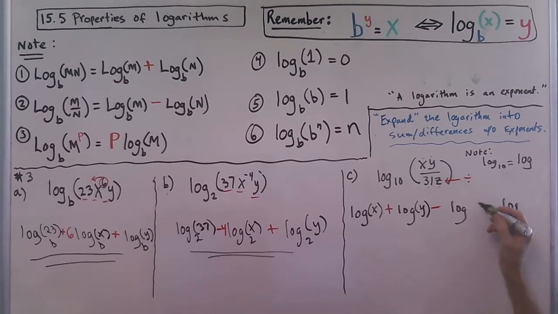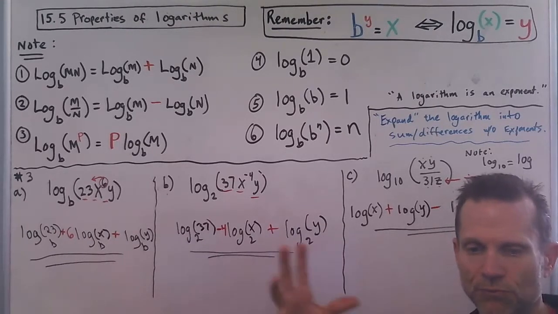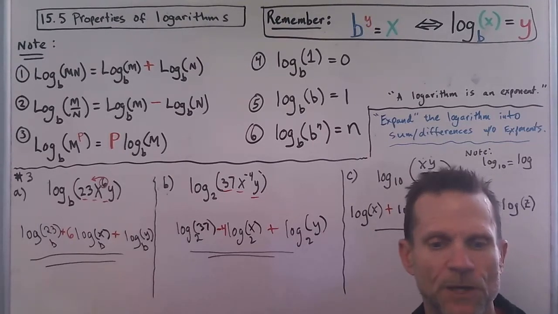So I have log of 31 and then minus log of z. And that's the logarithm expanded. Okay? So kind of think about just blowing up the logarithm to multiple pieces. Okay, we'll look at a few more.